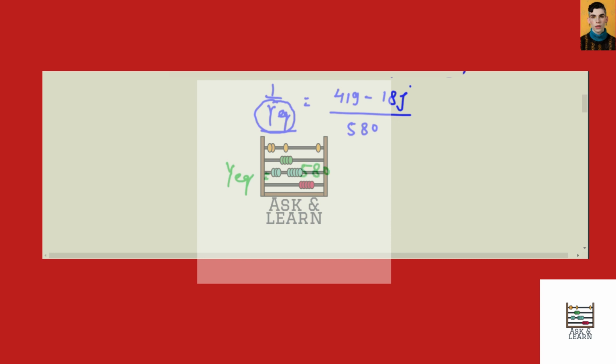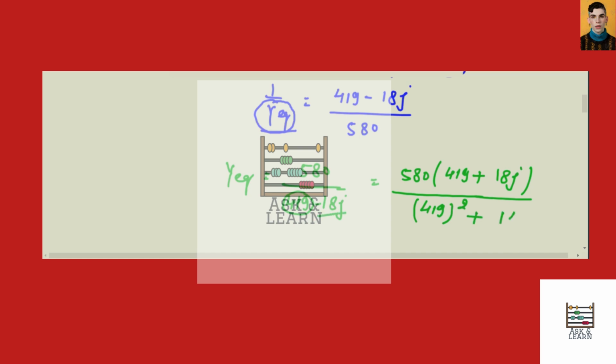So the Y equivalent will be 580 by (419 minus 18J). Now just multiply with the conjugate of this denominator. You will get 580 into (419 plus 18J), and the denominator becomes the square of 419 plus the square of 18.